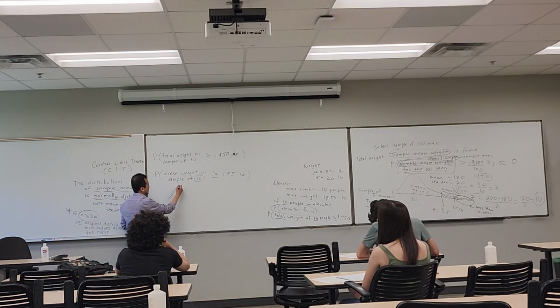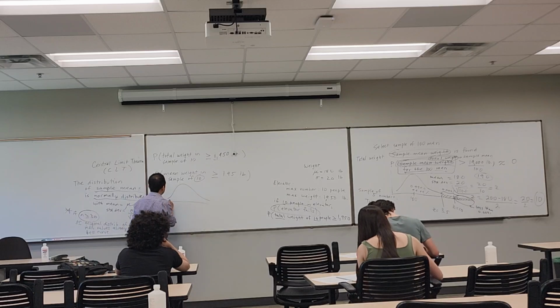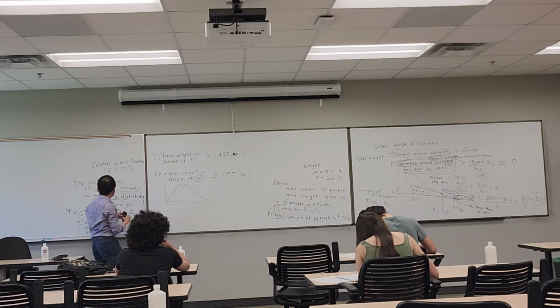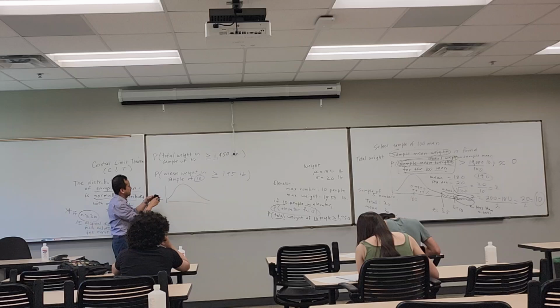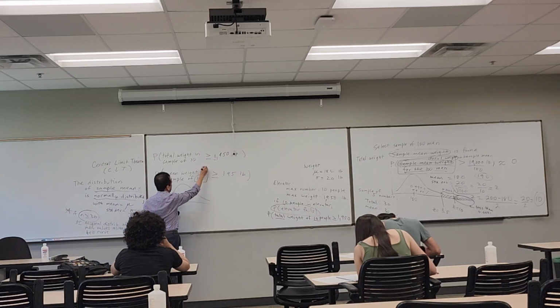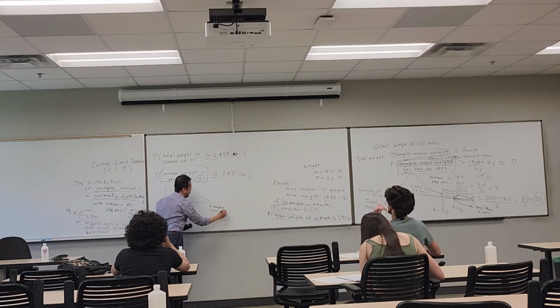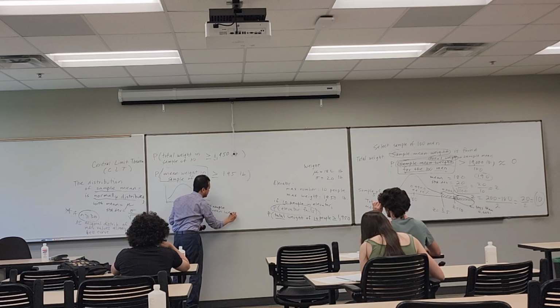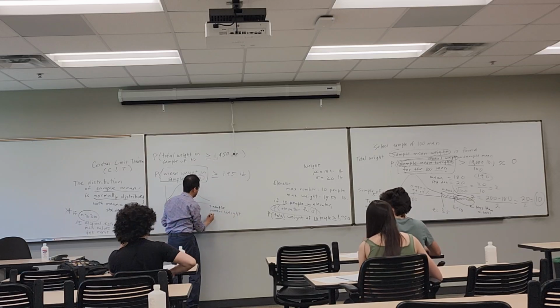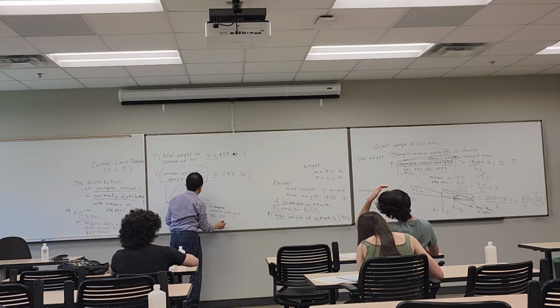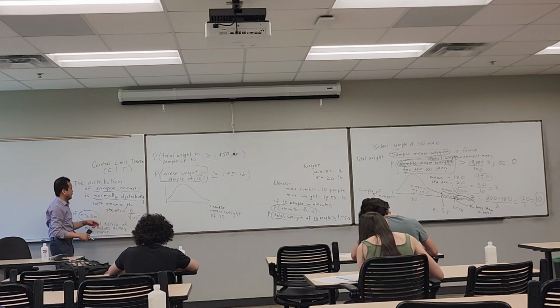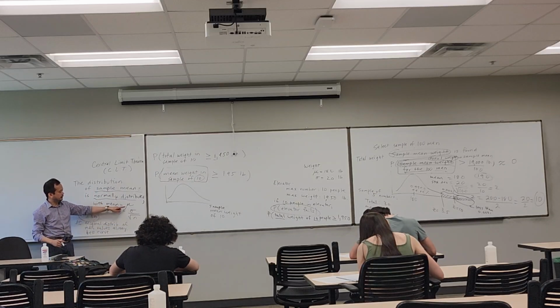Central limit theorem says that the distribution of sample means, which is what we have as our variable here, the sample mean weights in 10 people, is normally distributed with now this mean and this new standard deviation.